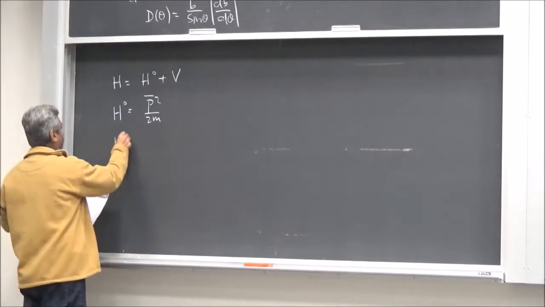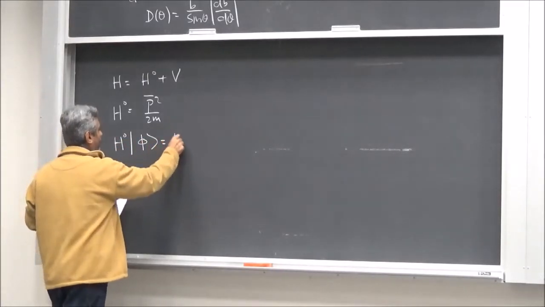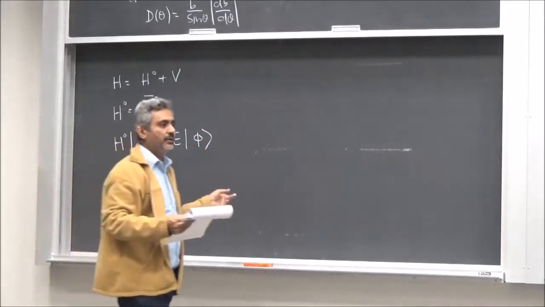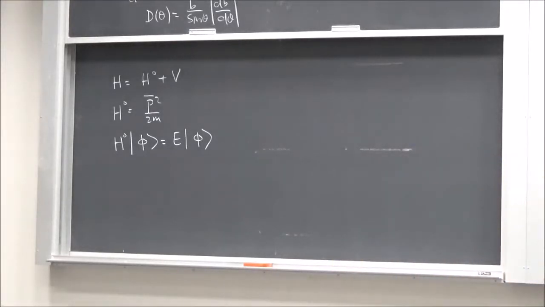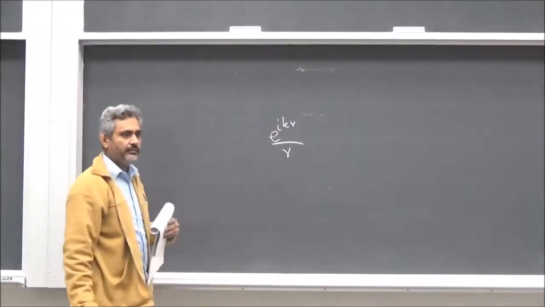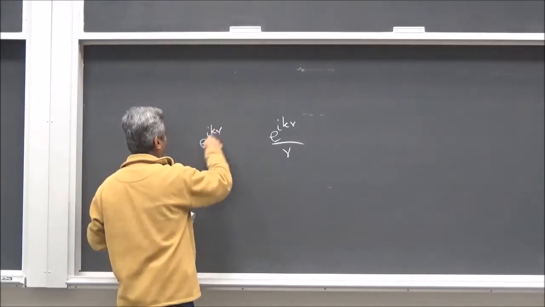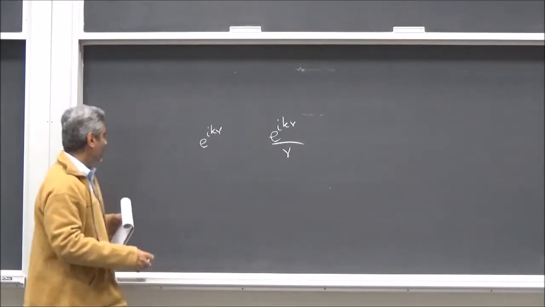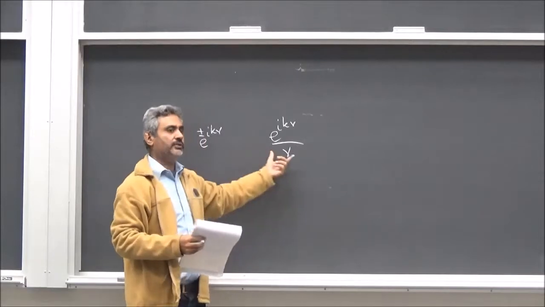The eigenstates of H naught, and we have done this problem, you guys remember we have done the three-dimensional free particle, right? You remember the eigenstates were something like e to the i k r over r. And others, for example, e to the i k dot r. So these are plane waves, and these are spherical waves. Both of these are solutions.